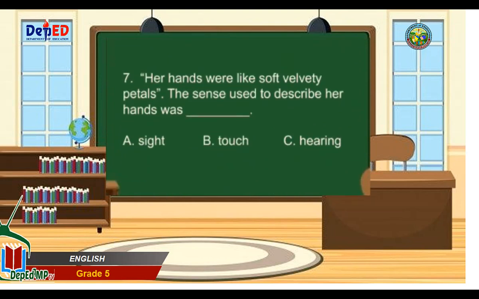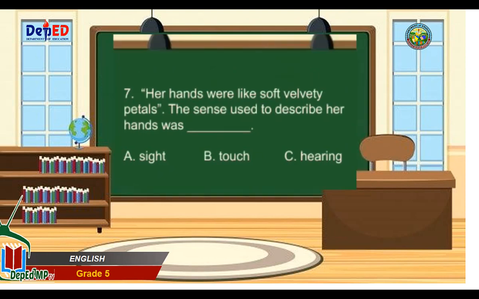Number 7. Her hands were like soft, velvety petals. The sense used to describe her hands was blank. A. Sight. B. Touch. C. Hearing.